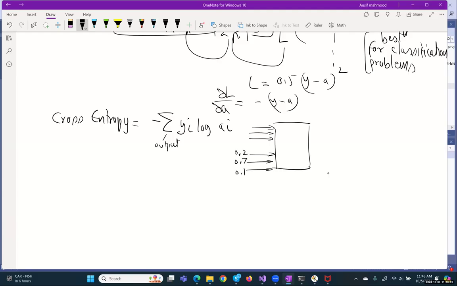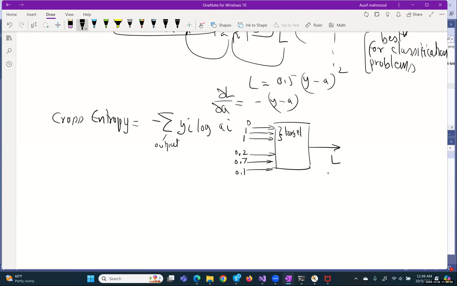Okay, let's pretend it's like this. Let's pretend they went through a softmax function so that the sum of these is 1, right? And suppose this is our target. Suppose the target happens to be 0, 1, 0, for a given problem. So the question is, what will be the loss in this example?